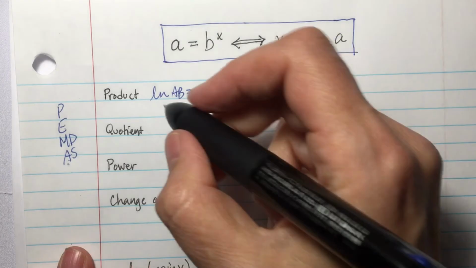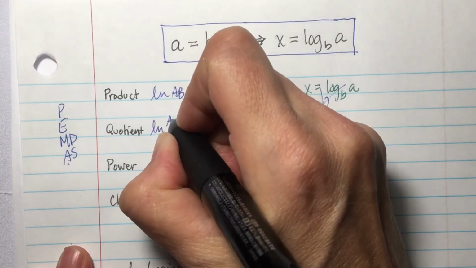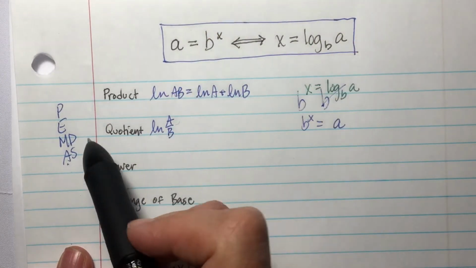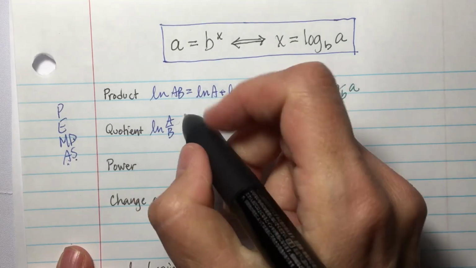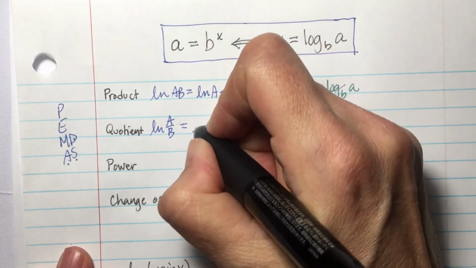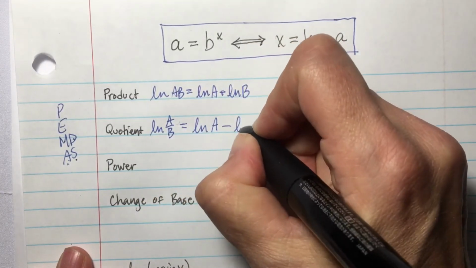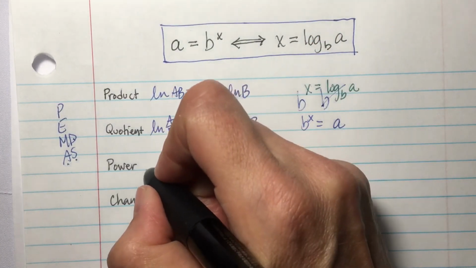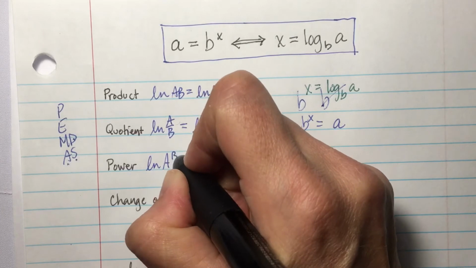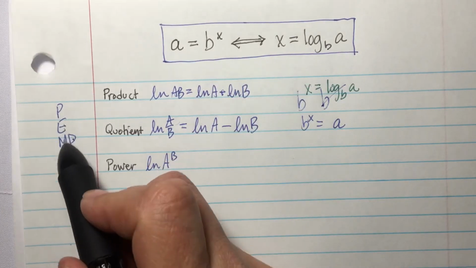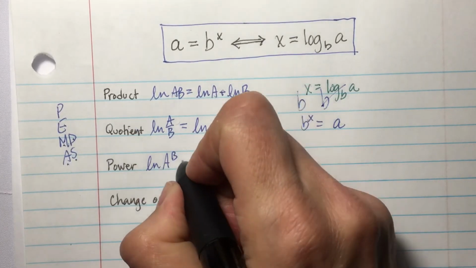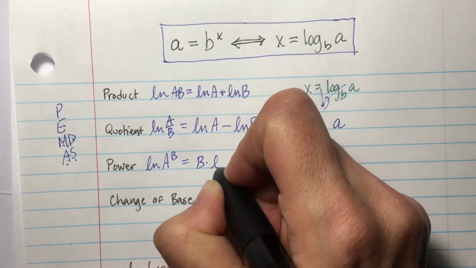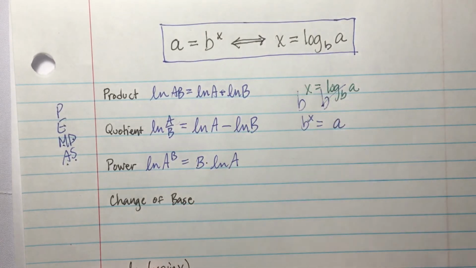Quotient means divide, of course, so natural log of a over b. Well, division gets knocked down to subtraction. So natural log a minus natural log b. Power, so something like natural log of a to the power of b. Well, exponents get knocked down to multiply, so that's b times natural log a.